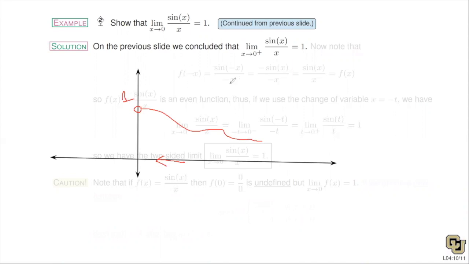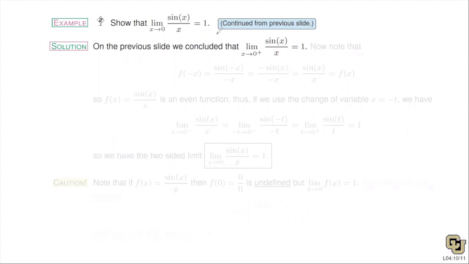It's because sine of x is odd, x is an odd function, and an odd function divided by an odd function gives you an even function. So when we remember, for an even function, it's symmetric about the y-axis, so the graph is just going to be the reflection. So if approaching from the right, it goes to 1, then because it's even, when we approach from the left, it'll also go to 1.